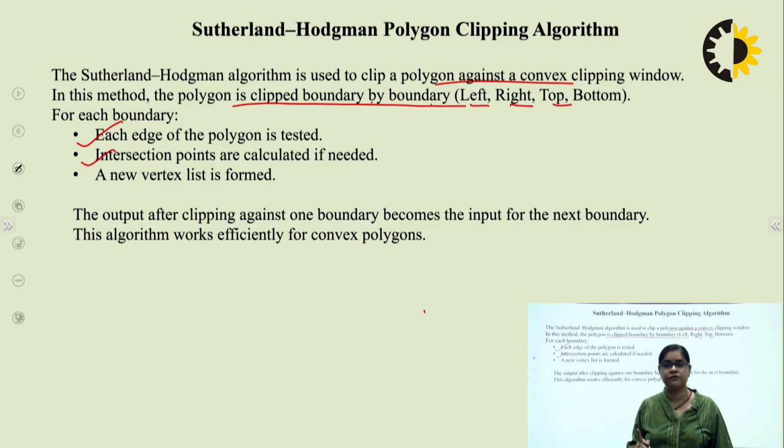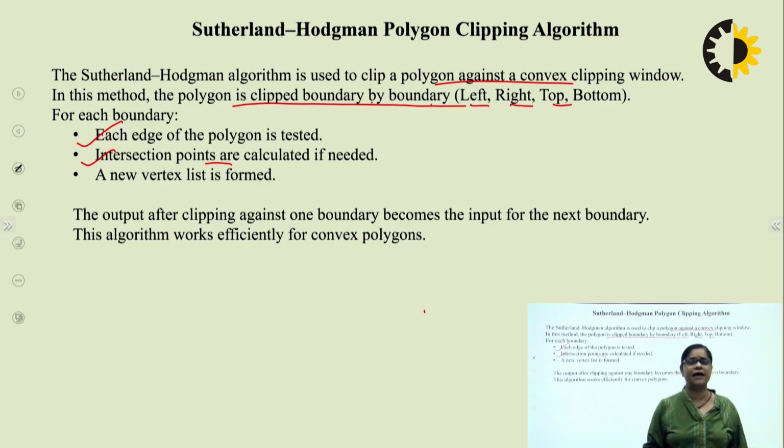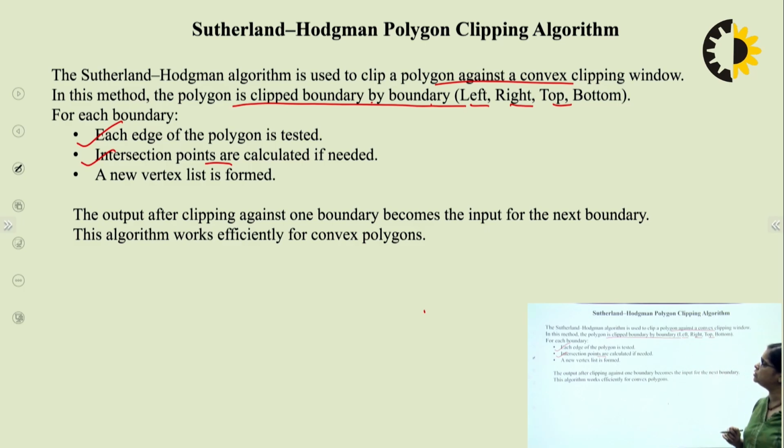That is, where two lines intersect, the intersection points are calculated if there is a requirement. Third, a new vertex list is formed. When we are clipping, new vertices will be formed. So that is the Sutherland-Hodgman polygon clipping algorithm.